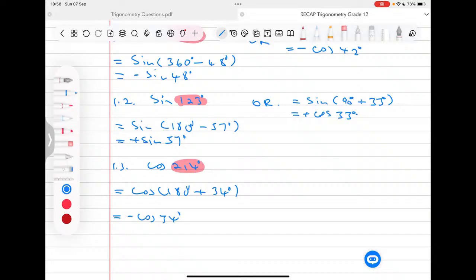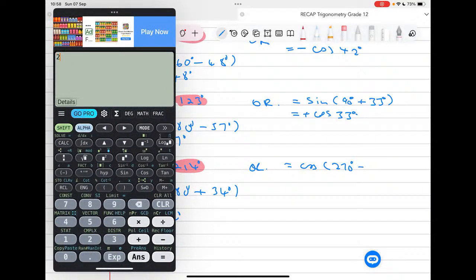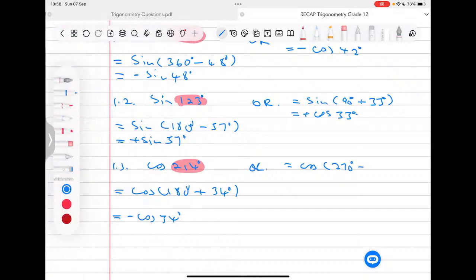It will reduce to that. Again, remember we can define this quadrant in two ways. I can still write this as a cos of 270 minus some angle. So we're going to look for that angle. If I say 270 minus 214, I get 56. So if we say 270 minus 56 degrees, we should actually get the same number that we started with, right? So they look the same at this stage.